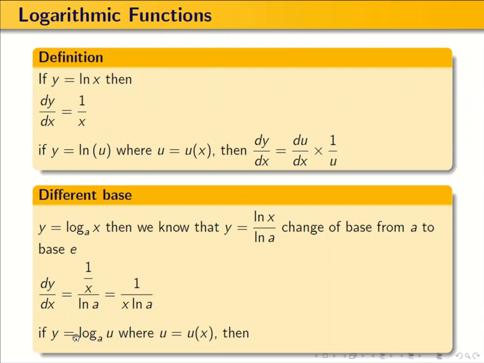What if the logarithm is with respect to another function u, which is a function of x? Then this will actually be du/dx times 1 over u ln a. So it just becomes u ln a here, then multiply everything by du/dx. So you differentiate whatever that is here, multiply it by 1 over u ln a.